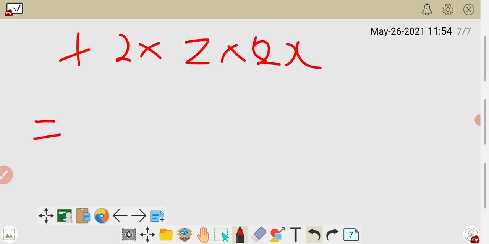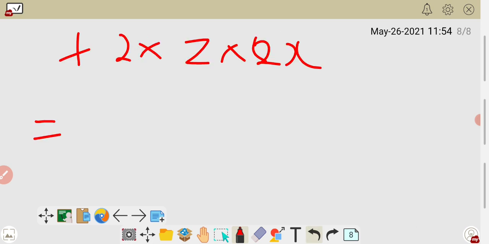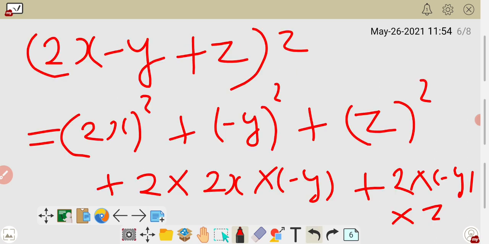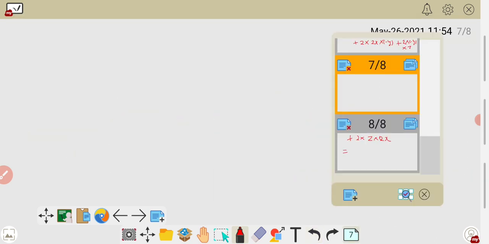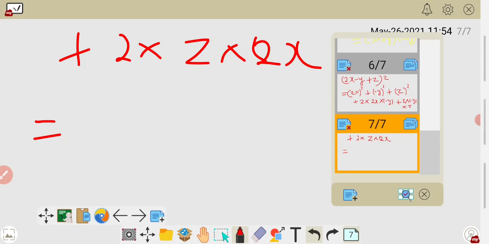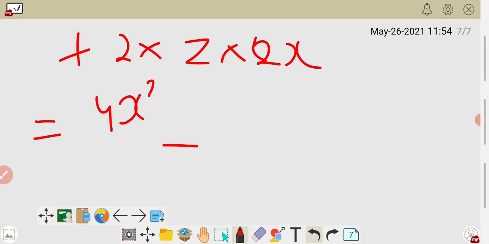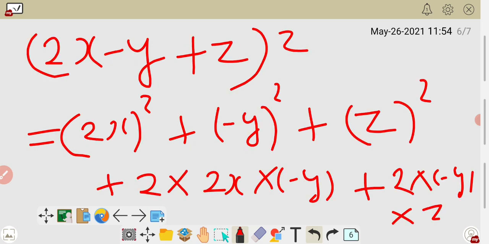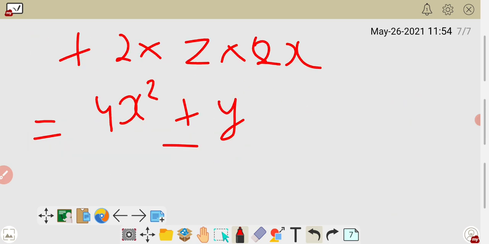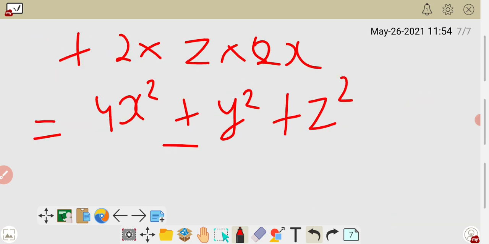Now just solve from the back page. 2x square becomes what, now just see, 2x square becomes 4x square. Now minus y square becomes plus y square, because the power is even. Now z square becomes plus z square.